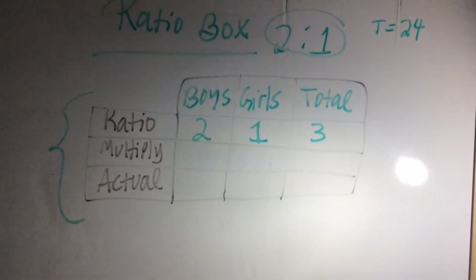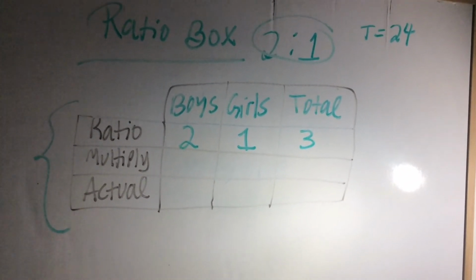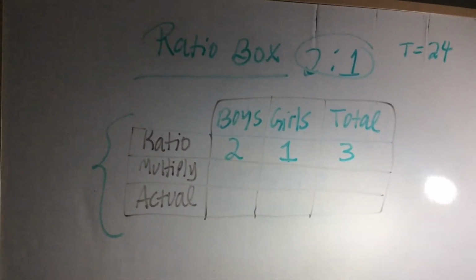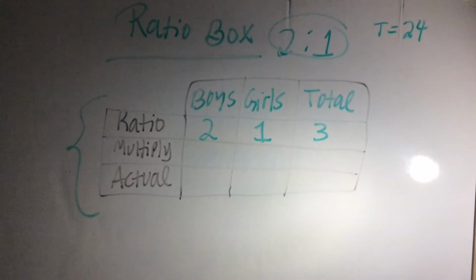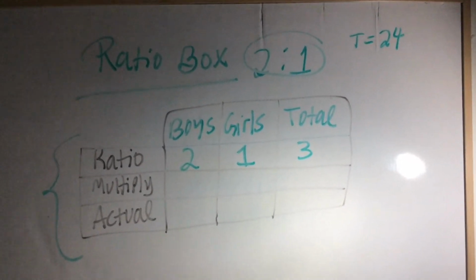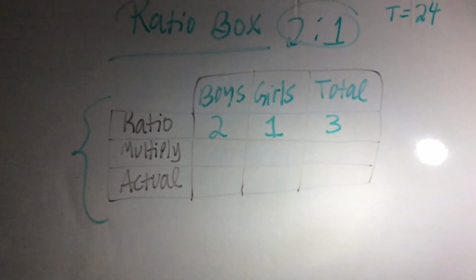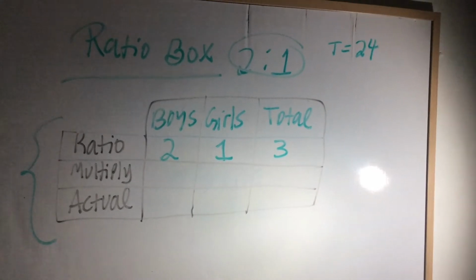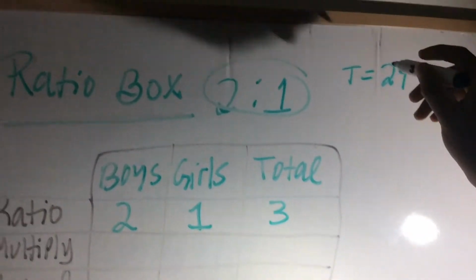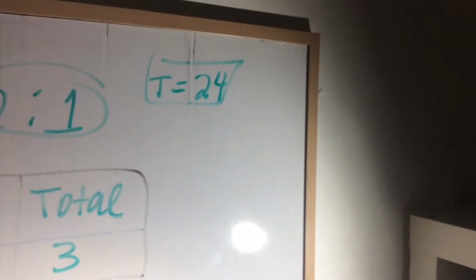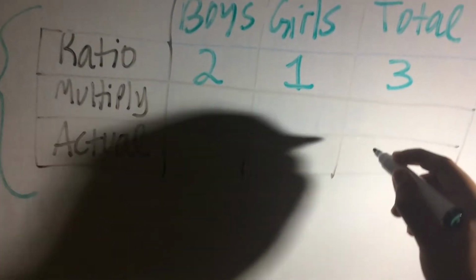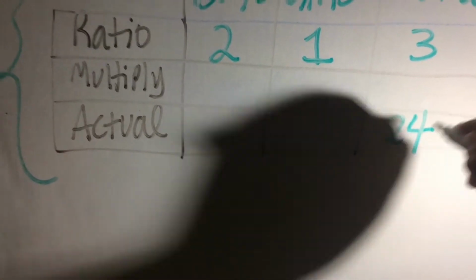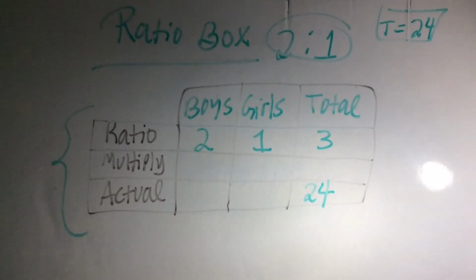That's basic. I am explaining everything in detail so you can understand, because sometimes I watch problems and I don't get it. So I want you to understand everything. Now, because the total that I just said before is 24, we are going to put 24 right here in the actual row.